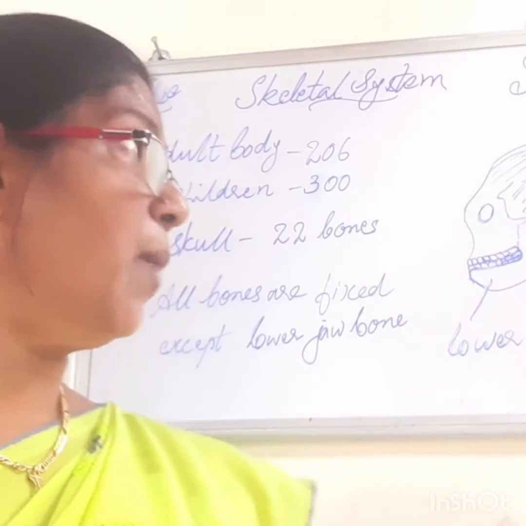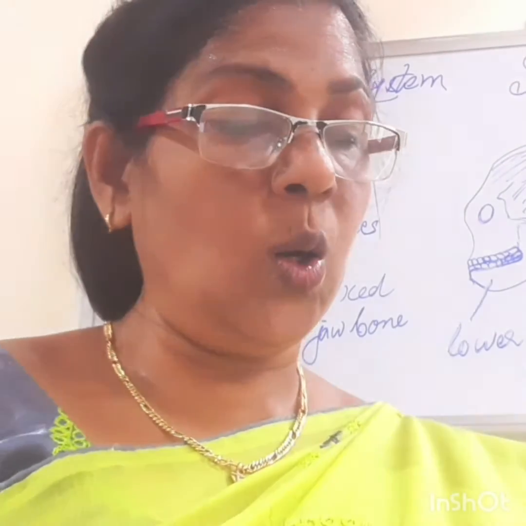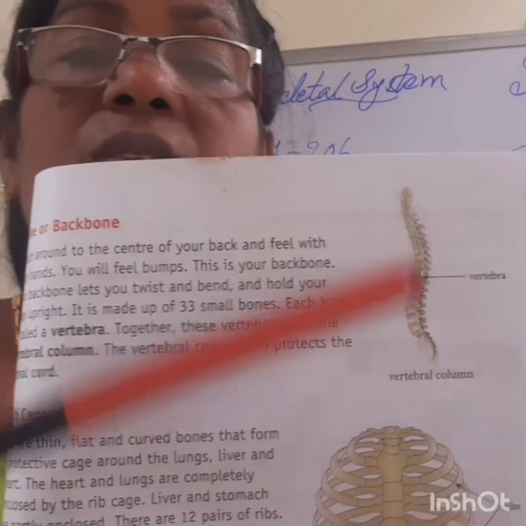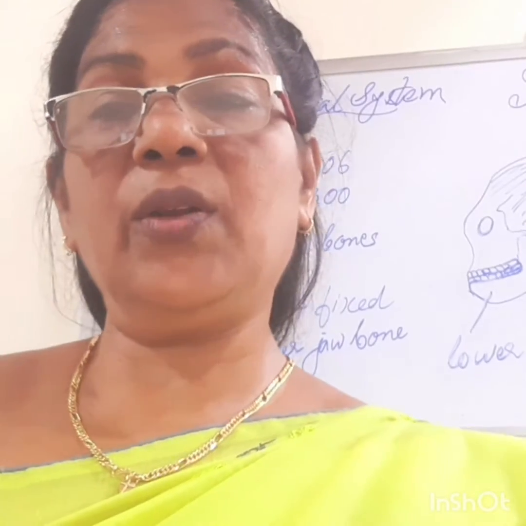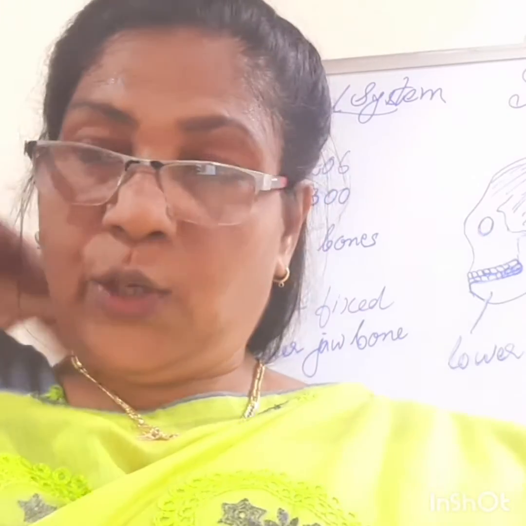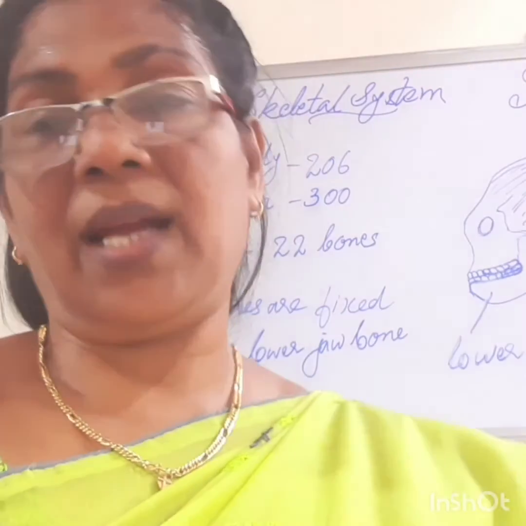Now let us study the spine or backbone. Children, this is the structure of a backbone. Do you know what the backbone is? If you touch your back, you will feel bumps on your back.